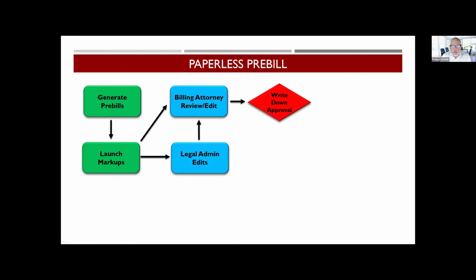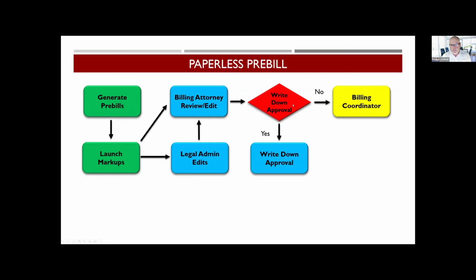One option that you can build into your paperless pre-bills is a write-down approval. If there is a write-down of a certain amount on a pre-bill, typically it's a $1 threshold, you can send it for approval. If no write-down approval is needed, it's going to go on to the billing coordinator.